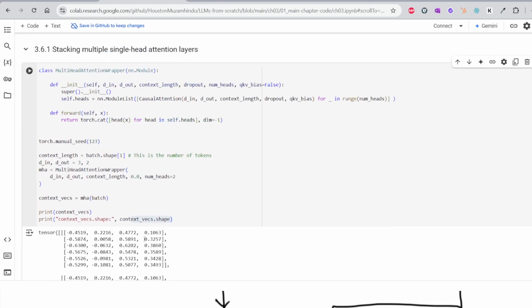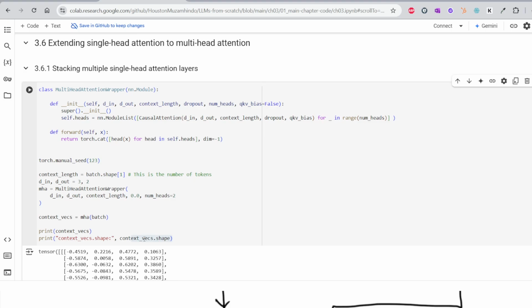But the problem with the way that we've done it, it is good for learning, but some people would have seen the problem already. It is this line here. This is not computing in parallel, but sequentially.